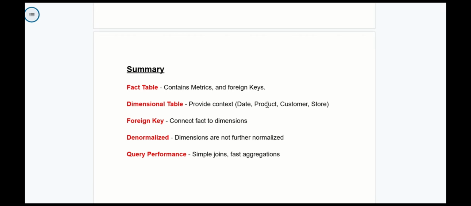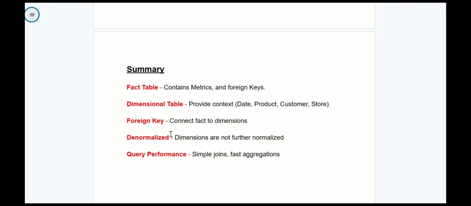Then we have the products table, which contains the description of the products in terms of product ID, product name, category, the unit price, and so forth. And we have customer, which gives more information about the customers, and the same for store. And here we have foreign keys, so we use foreign keys to connect facts to dimensions.